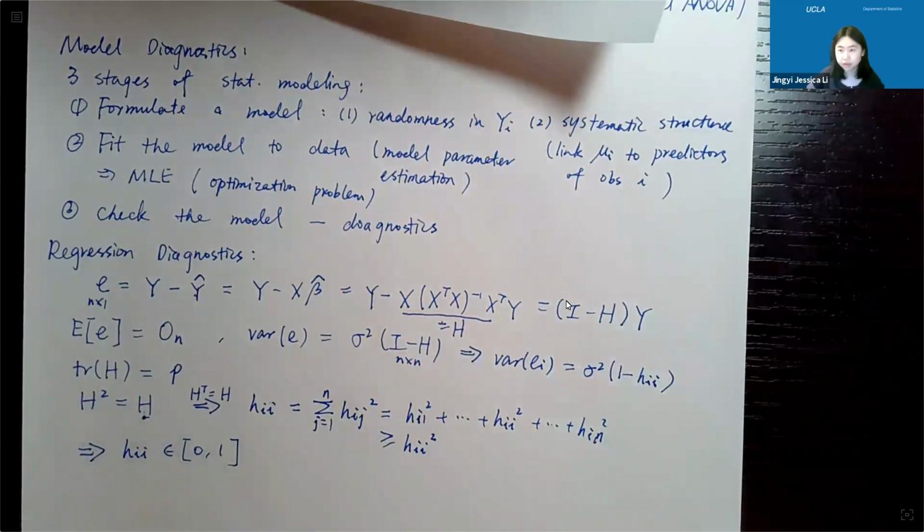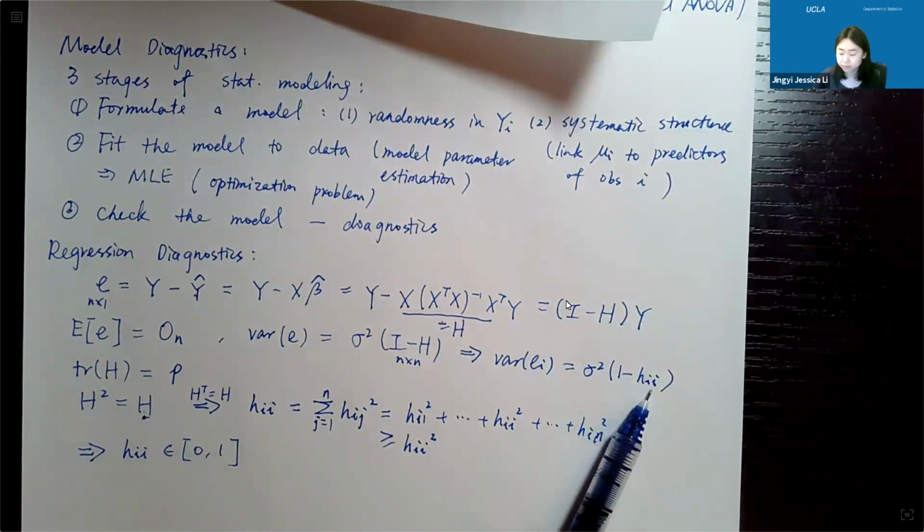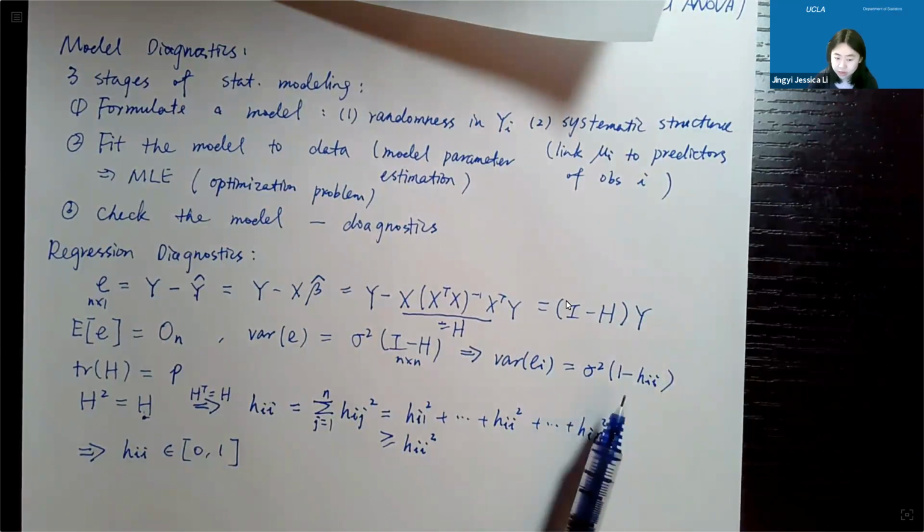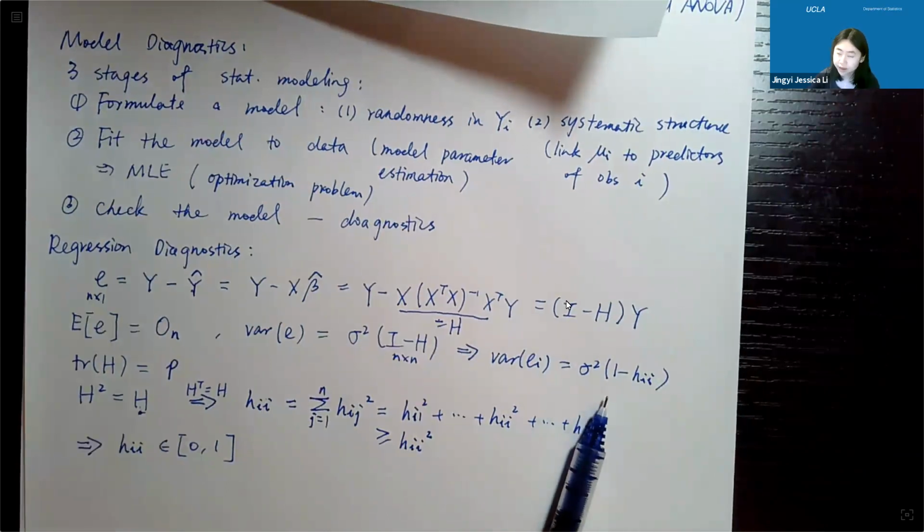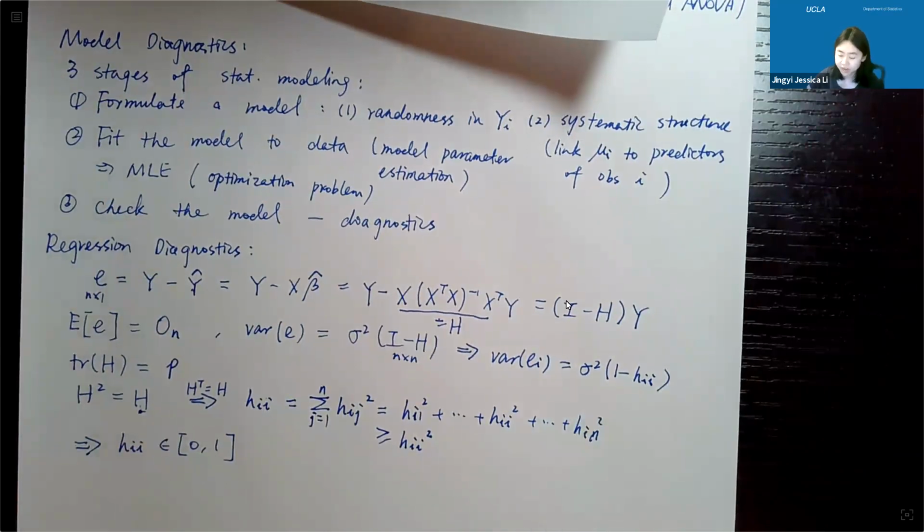And we know that the variance must be non-negative. So that also tells me that H_ii cannot be greater than 1. This is a very important thing to know.